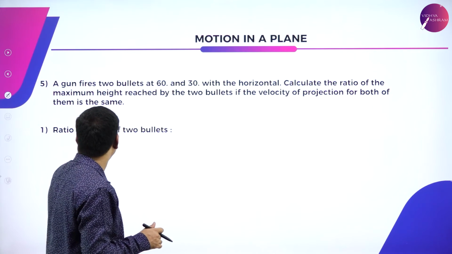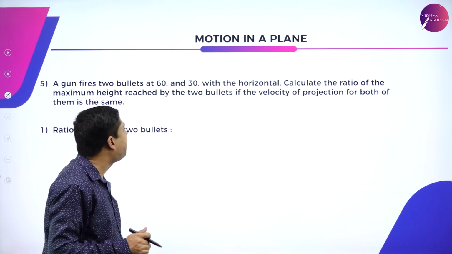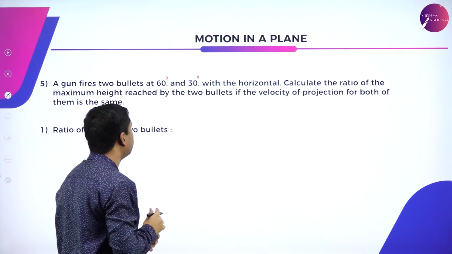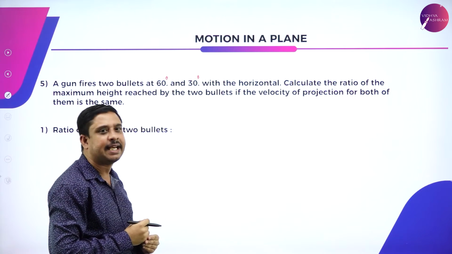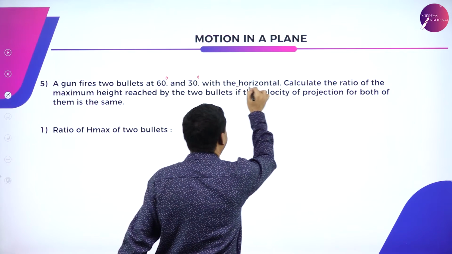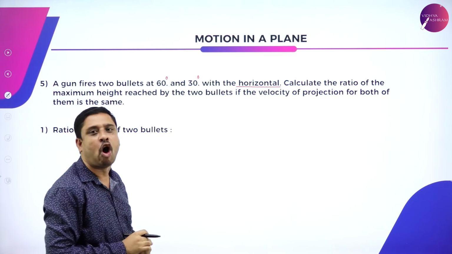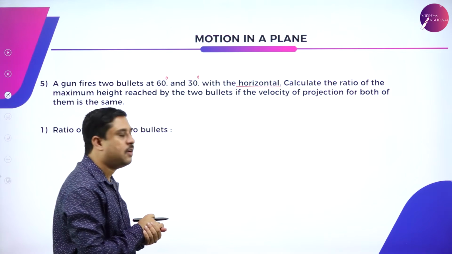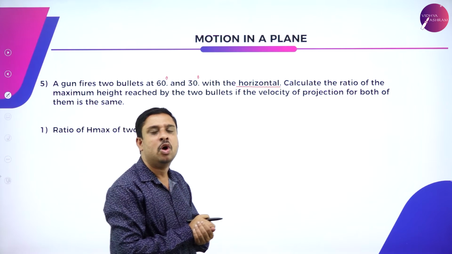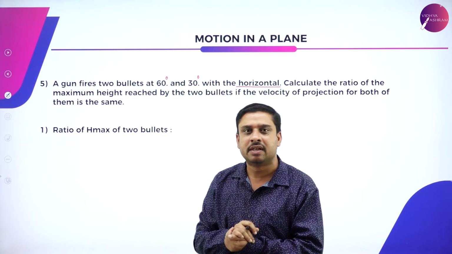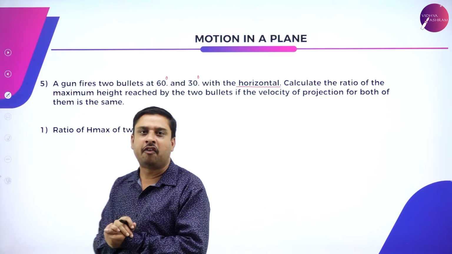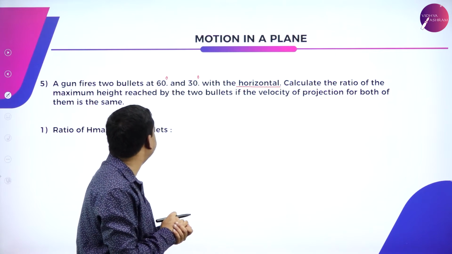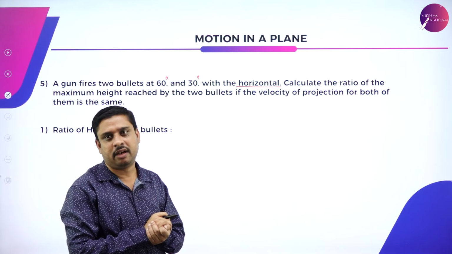The next one. A gun fires 2 bullets at 60 degrees and 30 degrees with the horizontal. There is a gun which is firing 2 bullets at an angle of 60 degrees and 30 degrees with the horizontal.